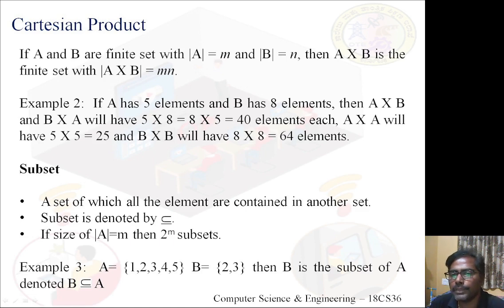Similarly, B cross A will contain 8 into 5, again 40 elements. What about A square? A cross A contains 5 into 5 equals 25 elements. And B cross B contains 8 into 8 equals 64 elements.